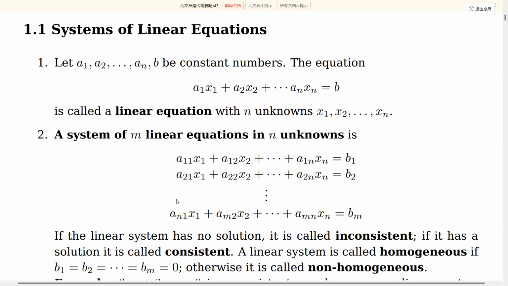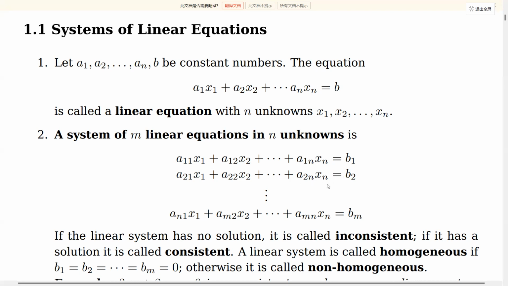And then you come up with a bunch of equations. For example, you can write another equation as a21 x1 plus a22 x2 plus a23 x3 up to a2n xn equals b2. In this equation, you just change those numbers, the coefficients, those a's and b's, and put some other numbers in front of the variables.